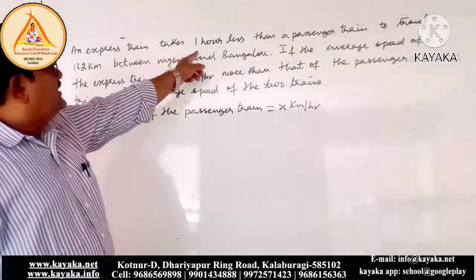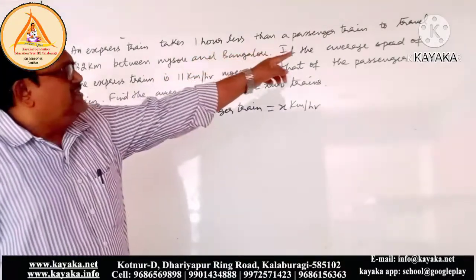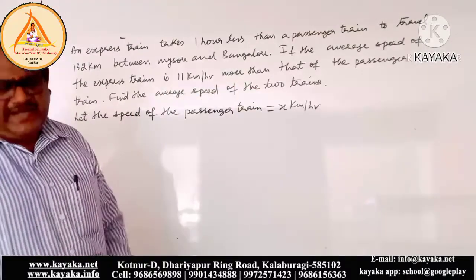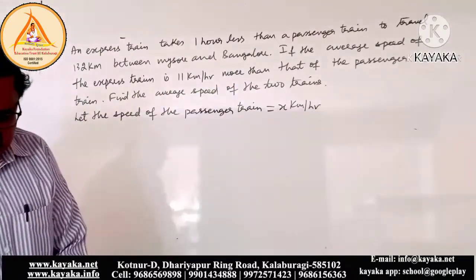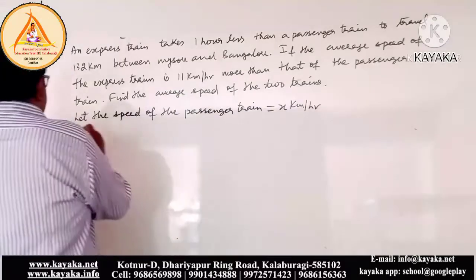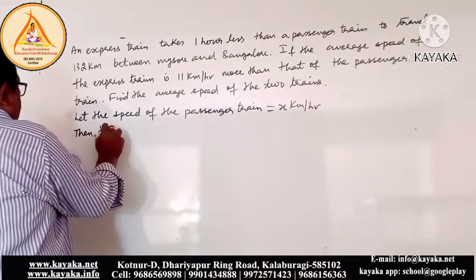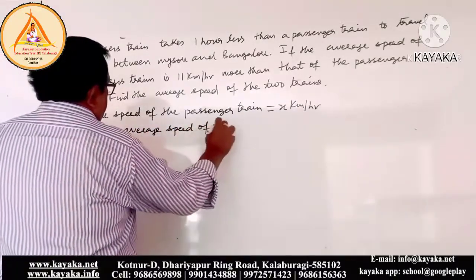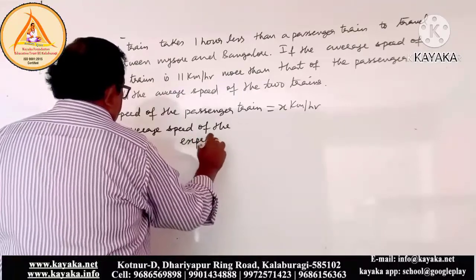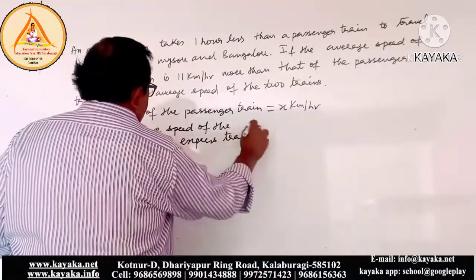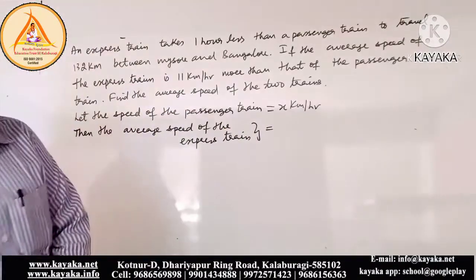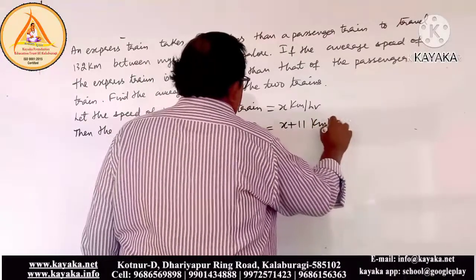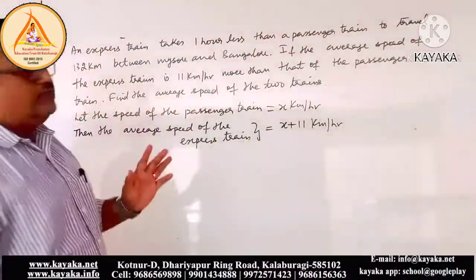An express train takes 1 hour less than a passenger train to travel, and the express train is 11 km per hour more than that of the passenger train. Therefore, the average speed of the express train will be equal to x plus 11 km per hour.